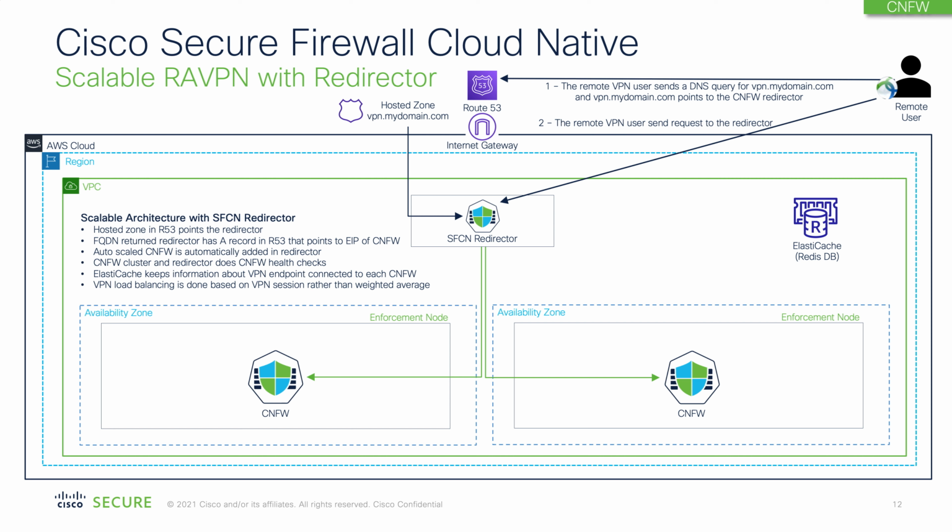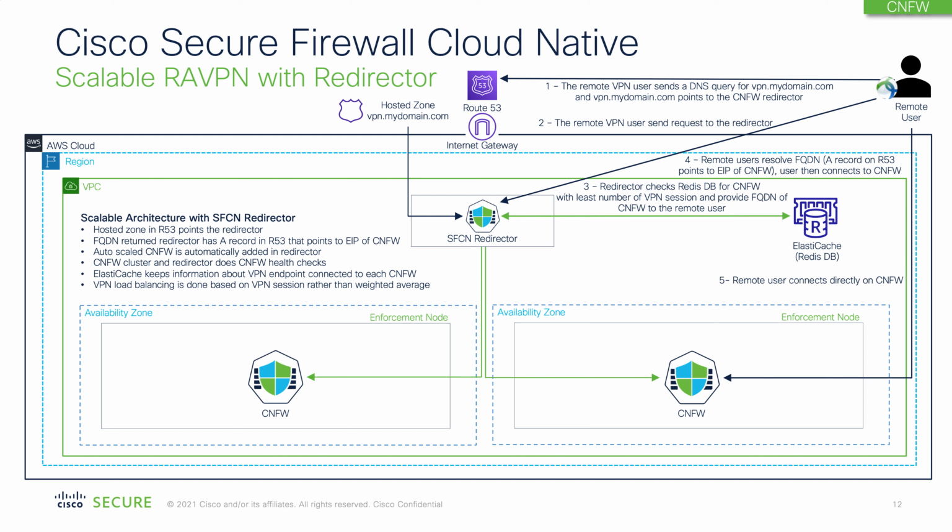It is another CNFW, but it is only responsible for redirecting VPN traffic. The redirector consults the Redis database. The Redis database has information about all the enforcement points and which enforcement point has the least number of sessions. Redis will provide that information to the redirector, and the redirector will in return send that public IP address to the user. Now, the user will make a connection back to the CNFW.